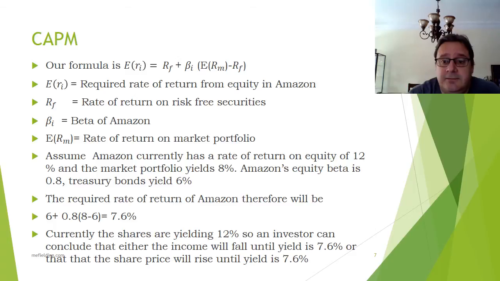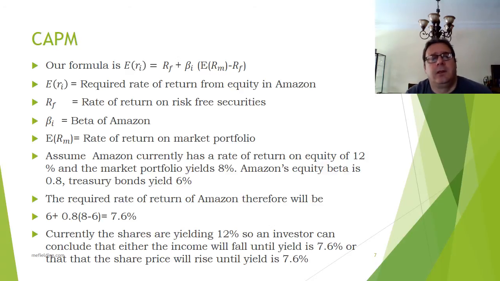Now I really simplified my graph, and in fact that was how they did it way back in the 60s. The technology's moved on now. In fact, if you look in a big textbook that dedicates hundreds of pages to this, you'll actually see that they plot Rj, which is your individual share, minus the risk-free rate, against the market portfolio minus the risk-free rate. So that's kind of more accurate, but whatever, it works.